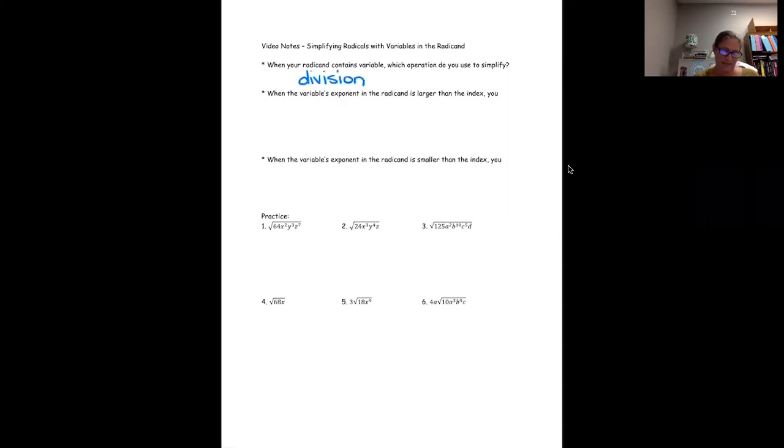And when the variable's exponent in the radicand is larger than the index, you divide. The whole number is the outside exponent.